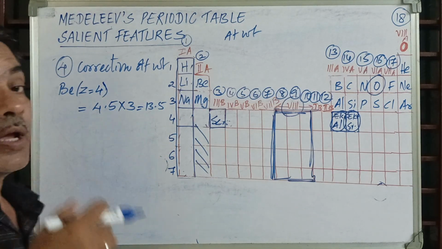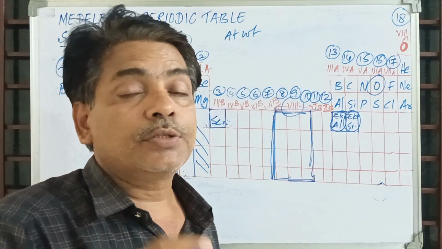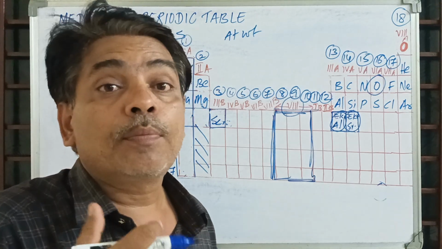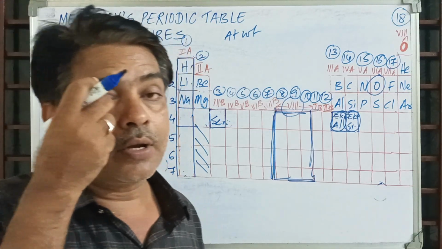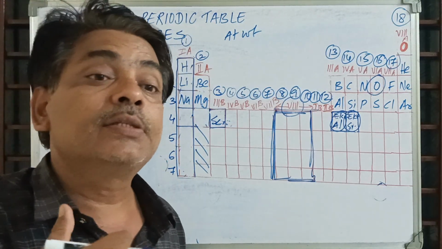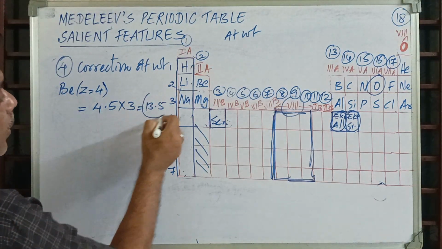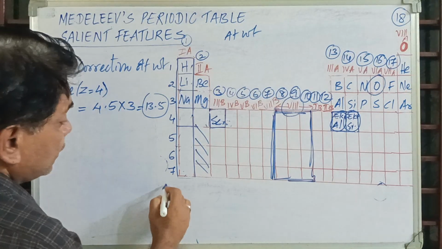But in the course of time, once again I am telling you, Mendeleev's periodic table is based on what? Atomic weight, right? But he gave more priority to chemical properties and physical properties. So when he got 13.5, he wanted to arrange this element in the periodic table. His design was like this, isn't it?